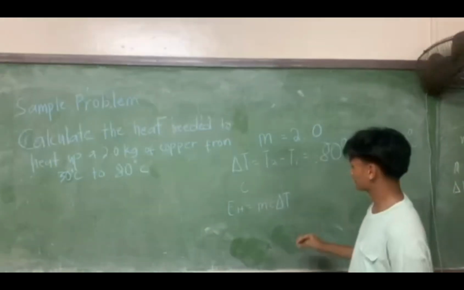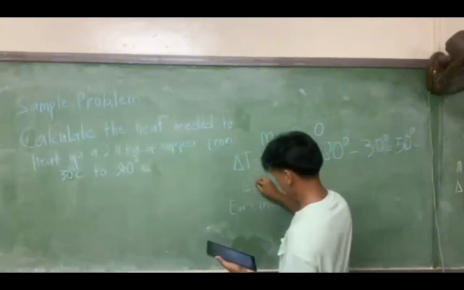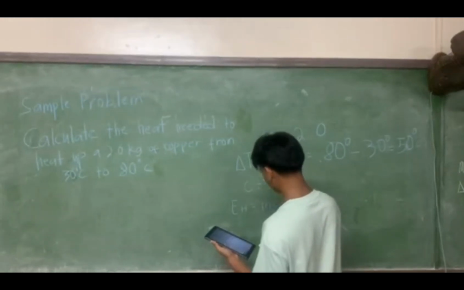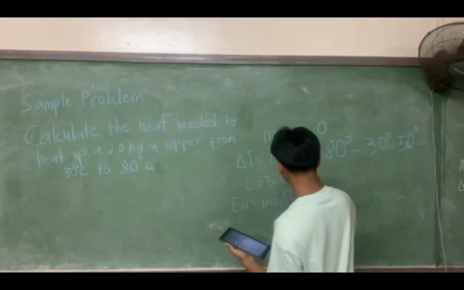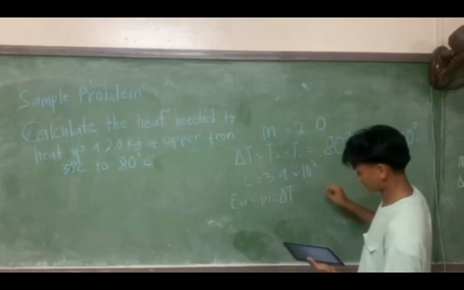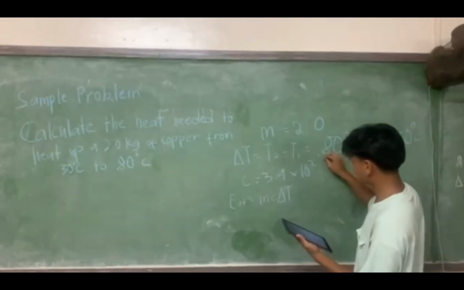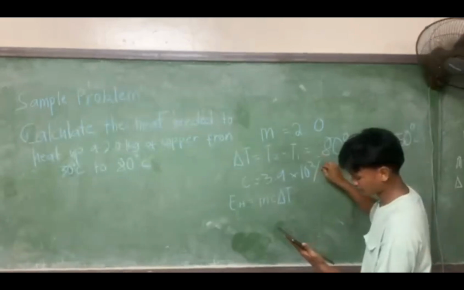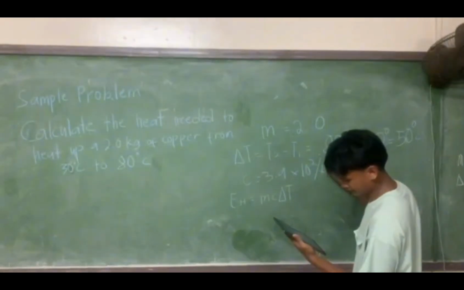And next is the c, which is 3.9 times 10 squared joules per kilogram degree Celsius.